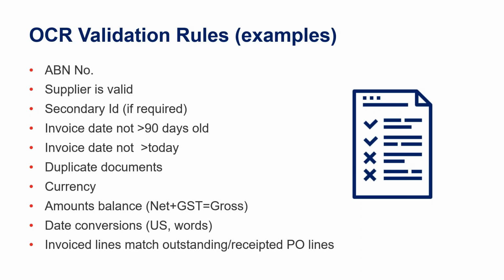It also does the invoice matching of outstanding to receipted PO lines, and if it's a part invoice, then it will do the same as if we were to do in iPOS, leaving the second line or any remaining value open for another invoice coming in to do the matching.